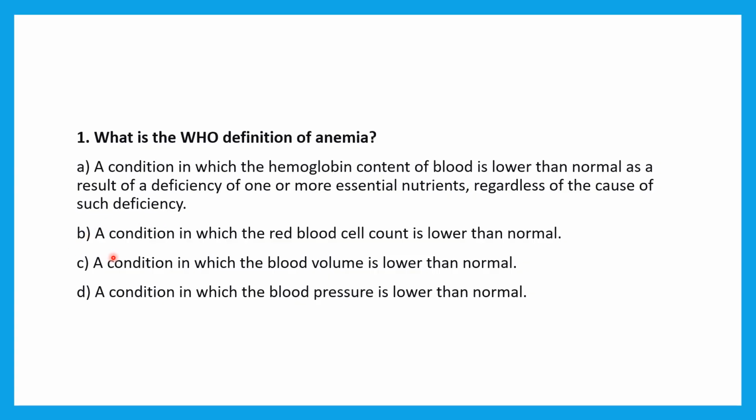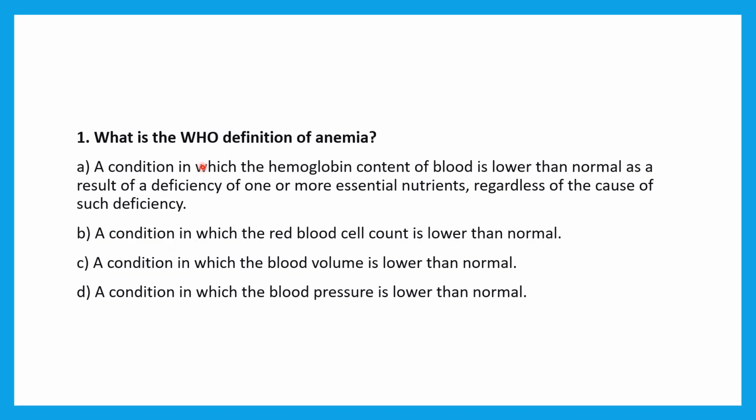B says anemia is a condition in which the red blood cell count is lower than normal. C, a condition in which the blood volume is lower than normal. And D says it is a condition in which the blood pressure is lower than normal.